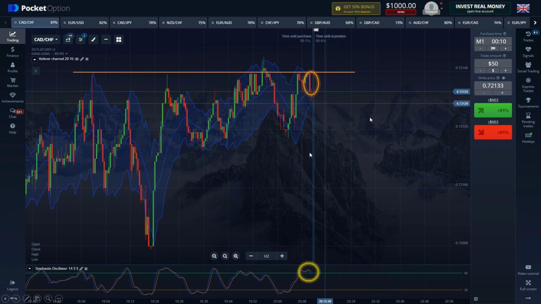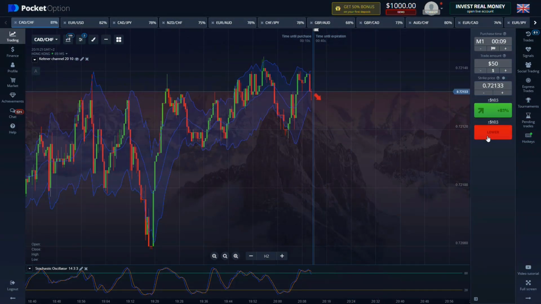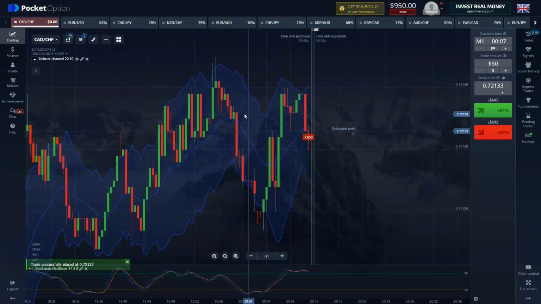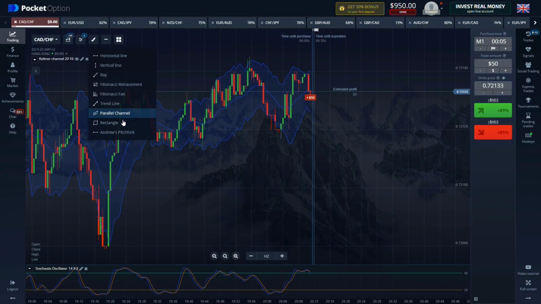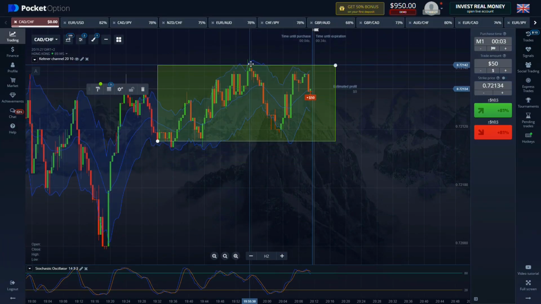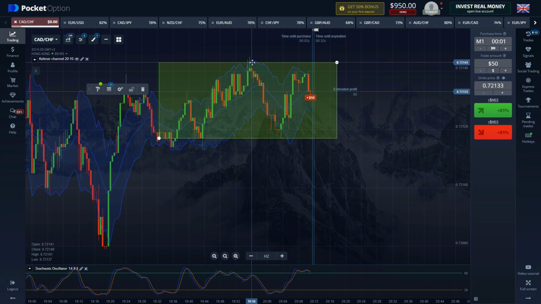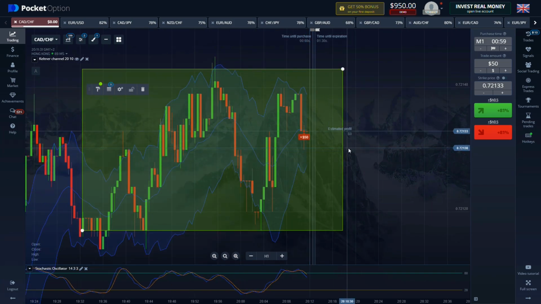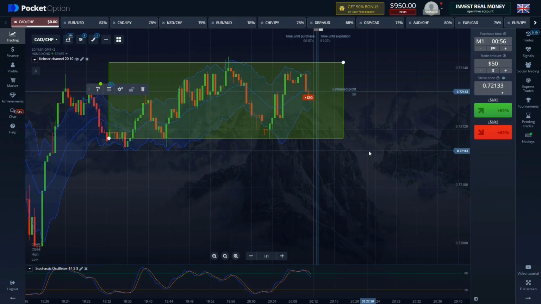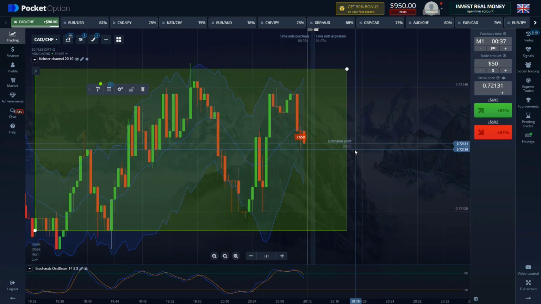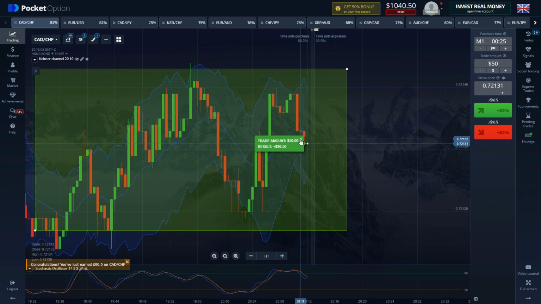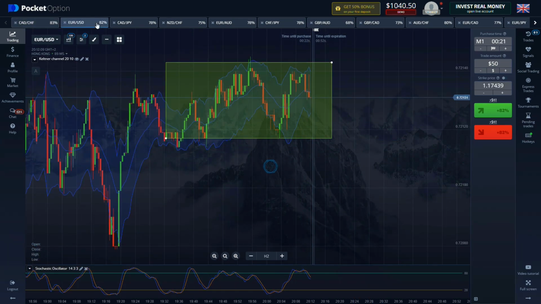Let's see. So market is going sideways at this moment. So you can see here up the resistance level and down the support level. Let's see how the trade's going. So the first one is profit. Let's go ahead.